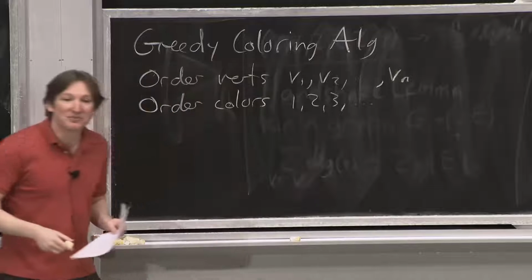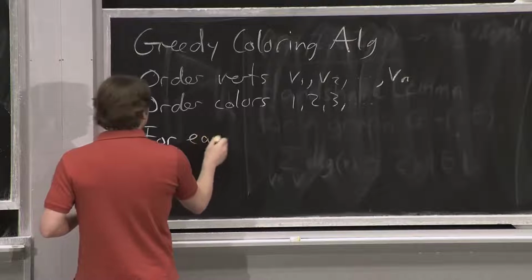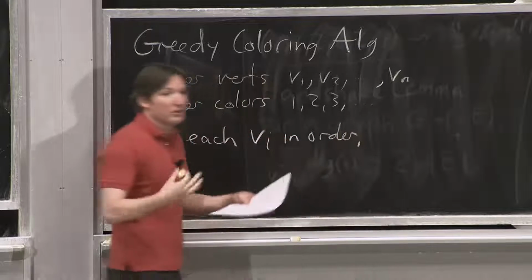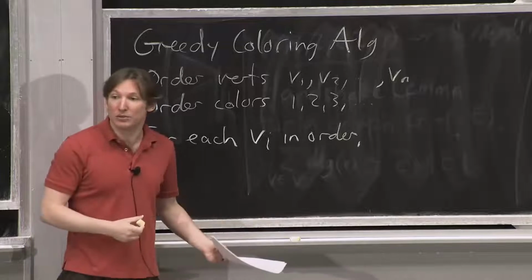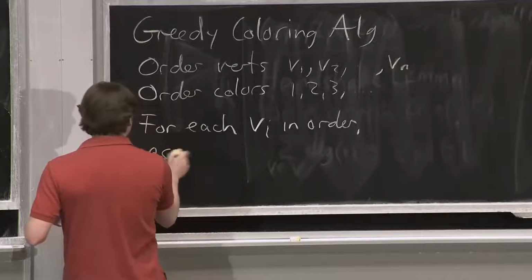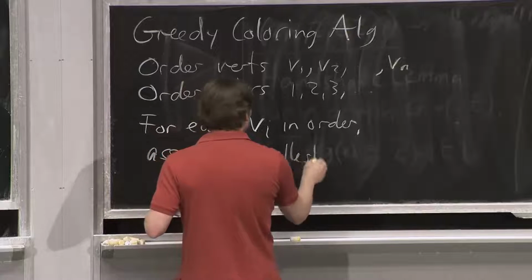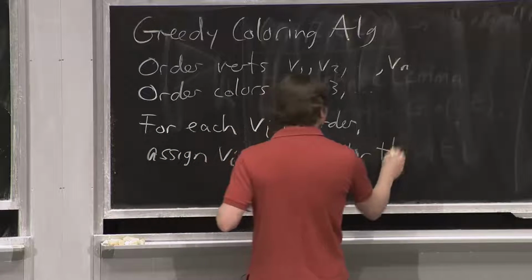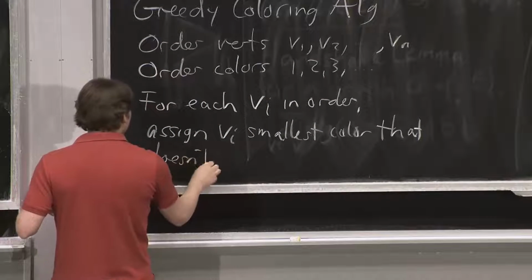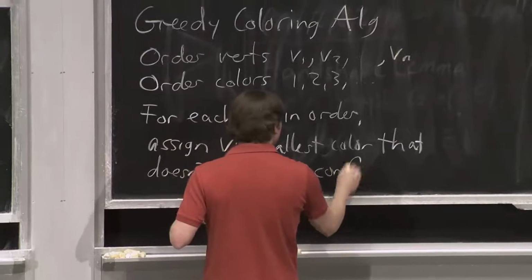Those are my colors. And then, for each vi in order, so we'll look at v1, then v2, then v3, and so on, and we'll assign each of them a color one at a time. Assign vi the smallest color that doesn't introduce conflicts.